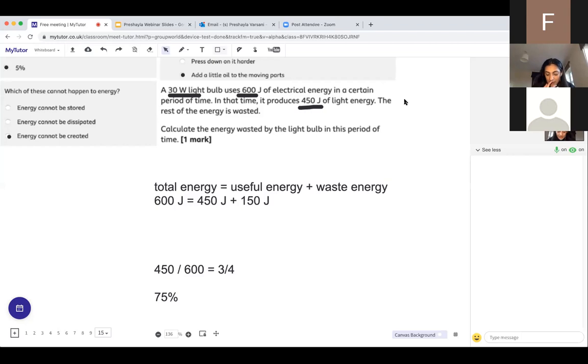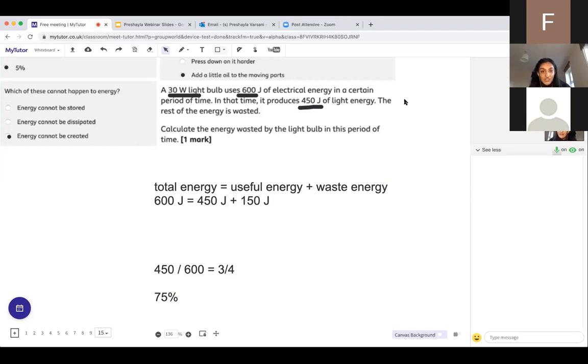How efficient are light bulbs? It really depends on the light bulb you have. As I said before, halogen light bulbs are not very efficient, but LEDs are much more efficient. And that has come up in GCSE exam papers time and time again.